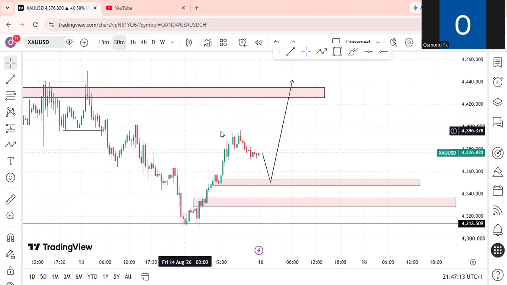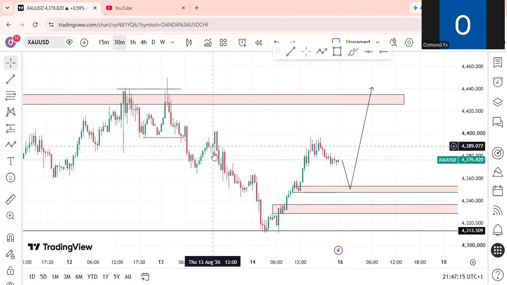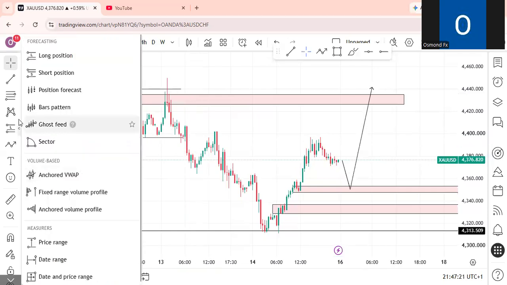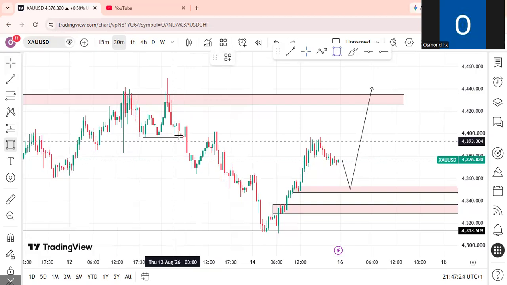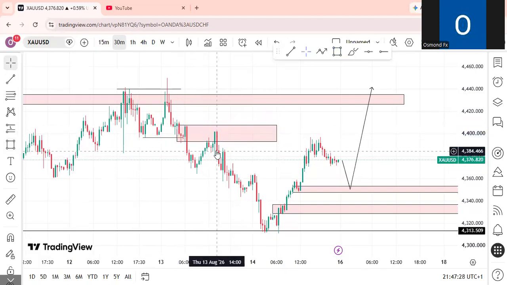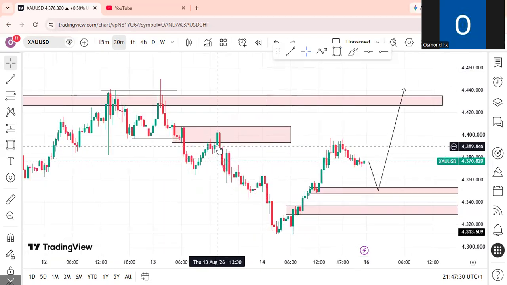Just like in this area now, you see that when market hits this supply zone here, you guys could see that this candle is bearish engulfing. You see that this is engulfing this one. So these two candles are actually bearish engulfing.